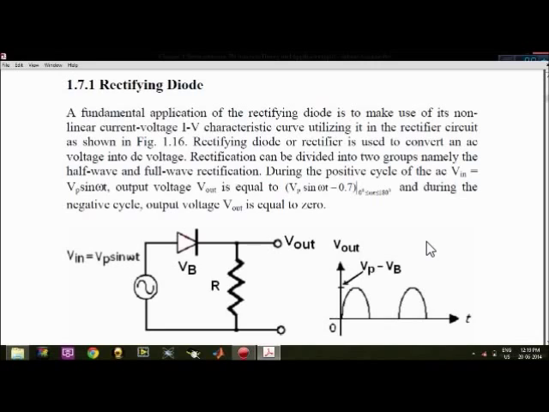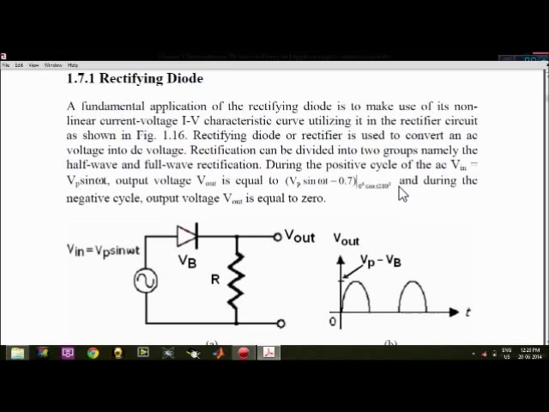So during the positive cycle of the AC, Vin is given as Vm sin omega t, or in this case we have used the term Vp, that is the peak value of voltage, sin omega t, and the output voltage V output equals Vp sin omega t minus 0.7, that is the drop across the diode. And during the negative cycle, the output voltage is 0 because it is a half wave rectifier.